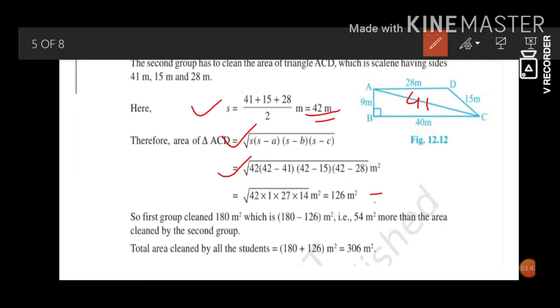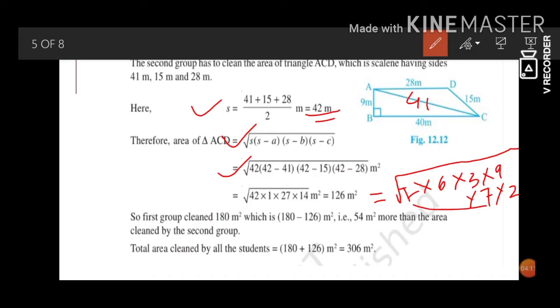So we can write this as under root 7 into 6 into 3 into 9 into 7 into 2. 7 into 6 is 42, 3 into 9 is 27 and 7 into 2 is 14.